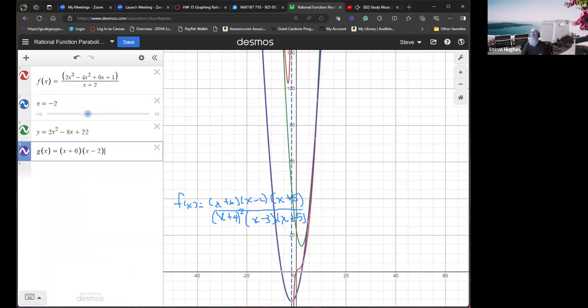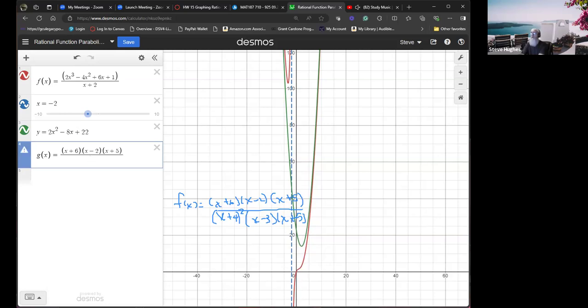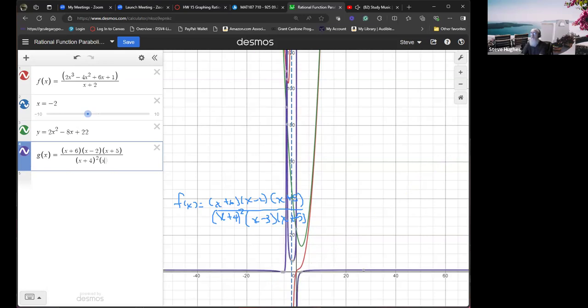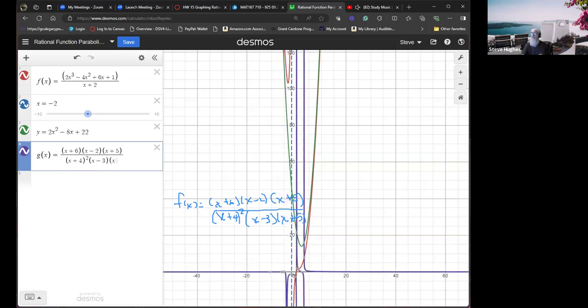Well, this is mine, it's probably not yours, times x plus 5, all right, divided by x plus 4 squared. That gets kind of weird on us right there. Times x minus 3 times x plus 5.